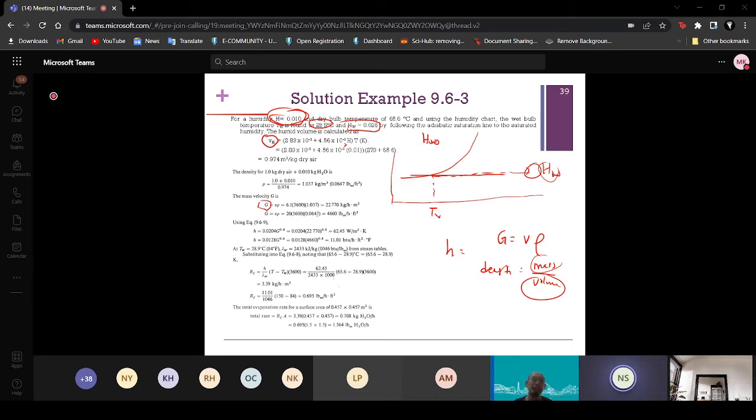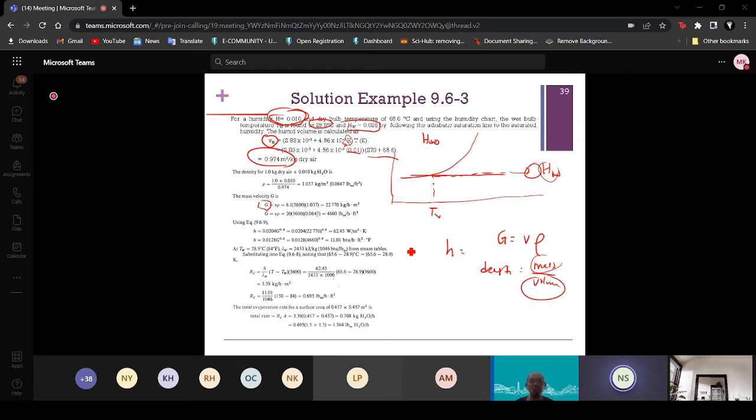Because some students made a mistake. They were confused. They looked at the equation with H and thought, oh, this H is what? HW or normal H? They assumed HW and used HW, when it was written as just H. So that H is basically the normal humidity, not the humidity at wet bulb and so on. Okay, don't do anything complicated. Just put in the value. Enter the temperature in Kelvin. Then you get the volume.